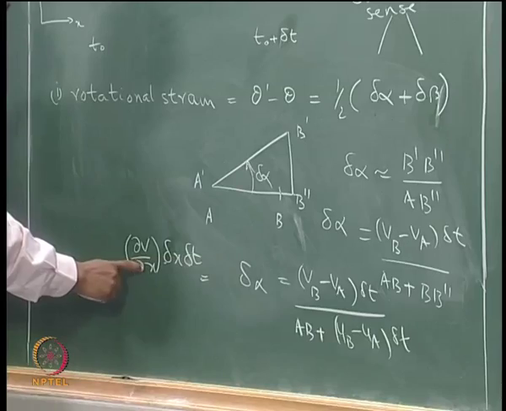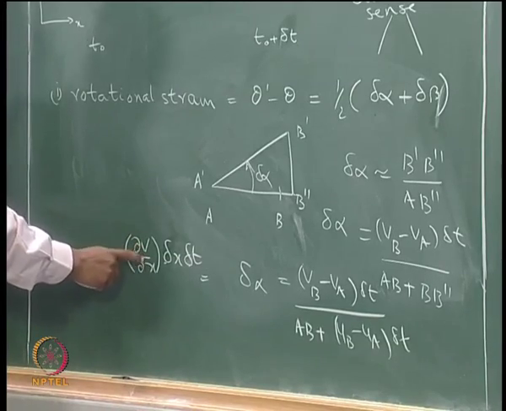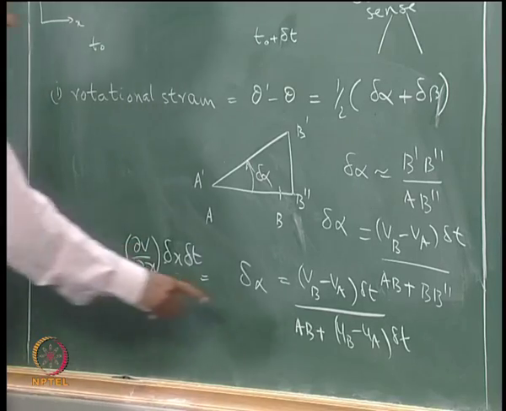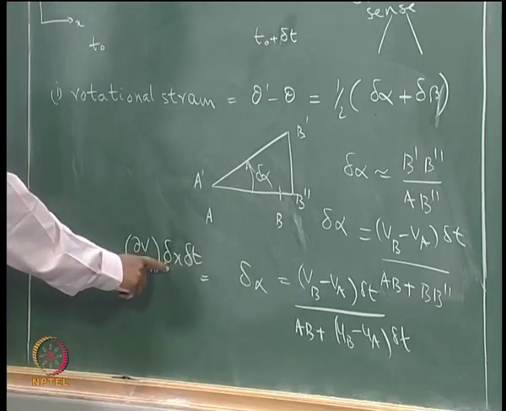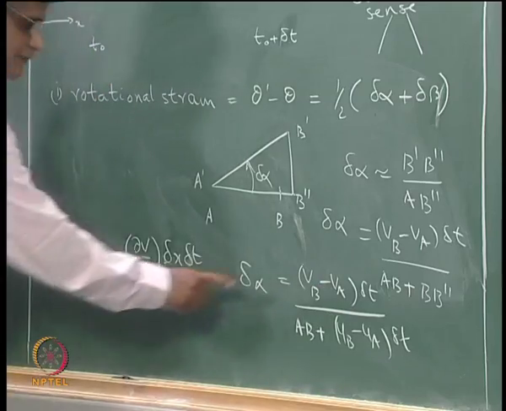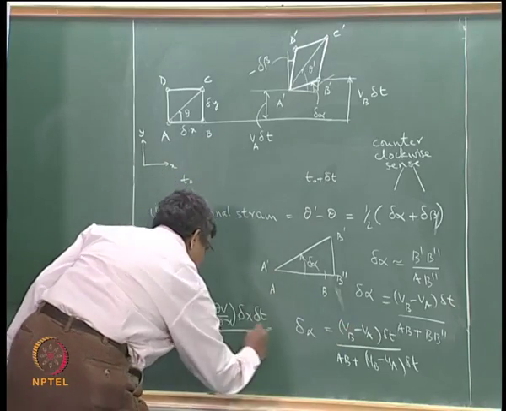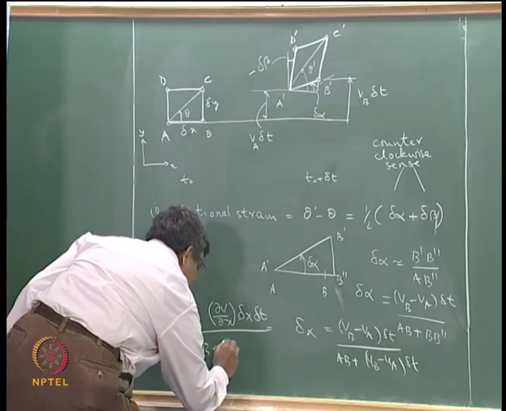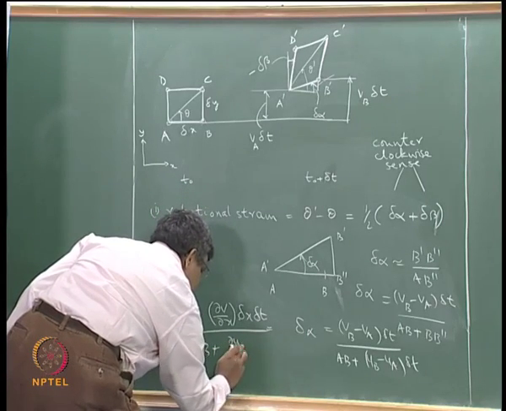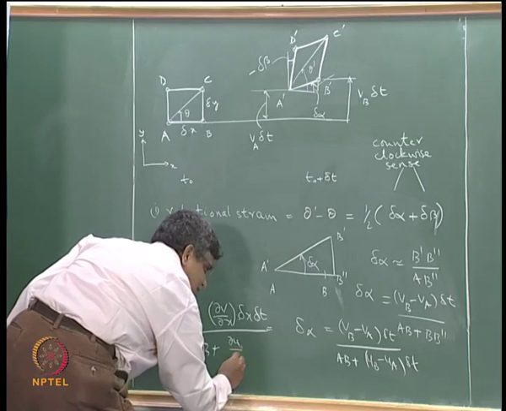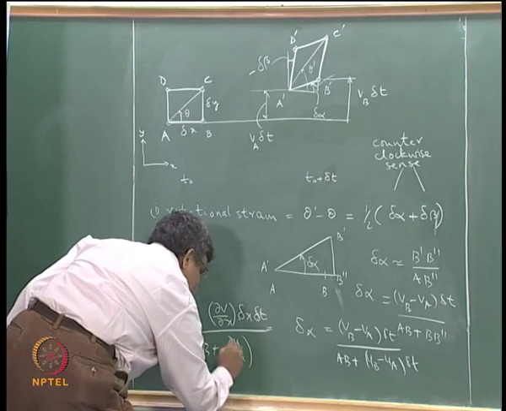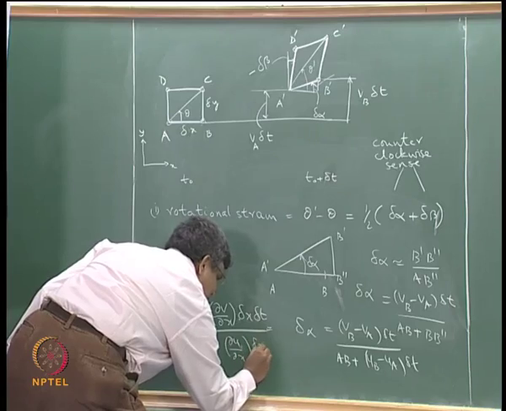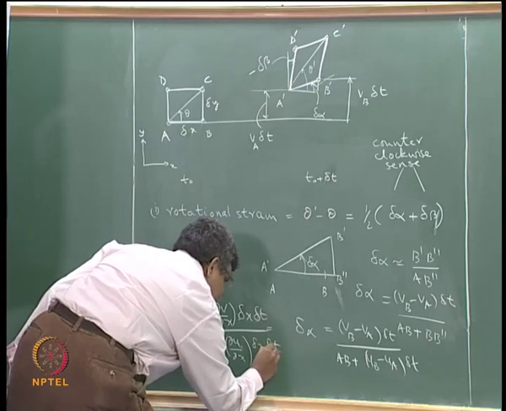This is the gradient of the vertical velocity in the x direction. So that times delta x will give us VB minus VA times delta t, and this is divided by AB plus du by dx times delta x delta t.